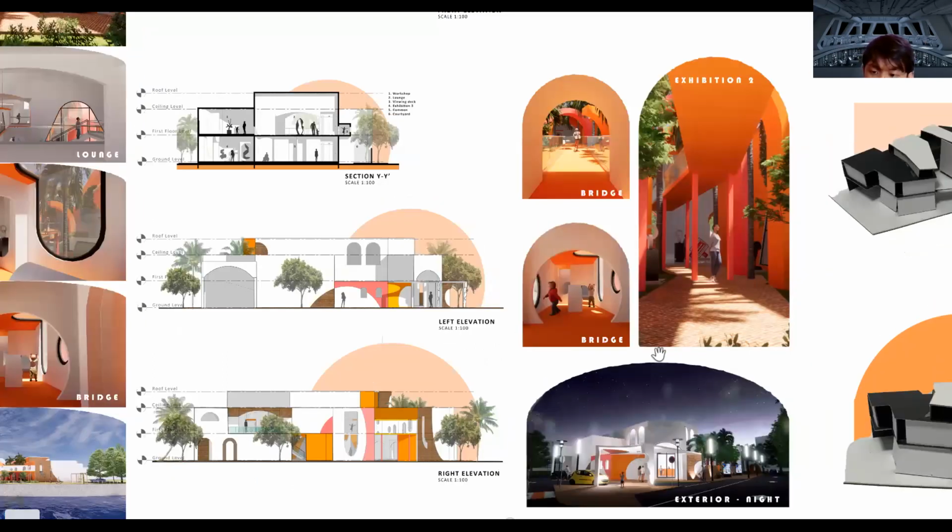On the right side, the spatial qualities capture the different feelings of the bridge, including entering, exiting, and also being underneath it. The right rendering shows how the lighting emphasizes the arches on the facade, which also instantly lets the users know the concept of using arches in the gallery even at night.